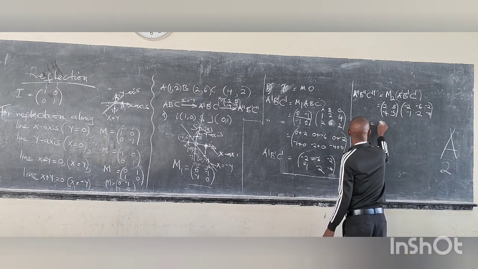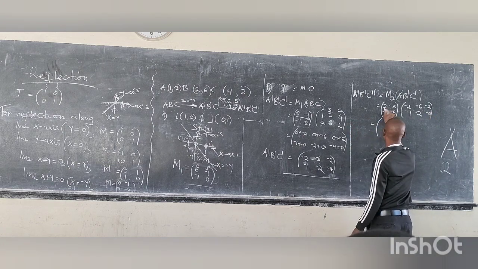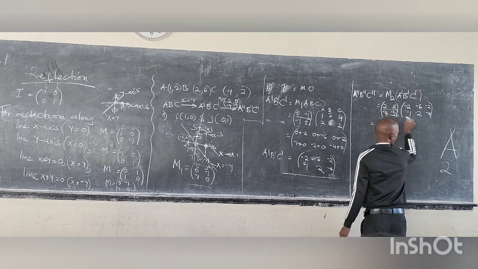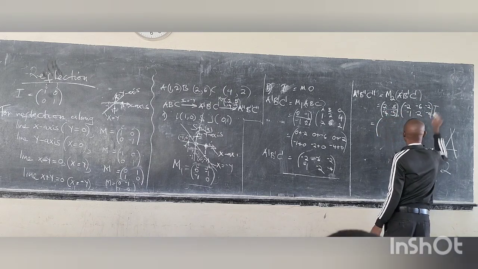Okay. Now we multiply by column, not so? You draw a sleeping line, you draw a vertical downwards line.